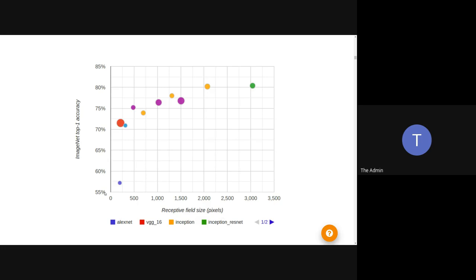And you can see as the receptive field keeps on increasing, here it goes to 3000. What is the size of ImageNet images? 224 by 224. So what do you think we are getting by going to 3000? We are looking at a lot of the background. We are zooming in a lot.